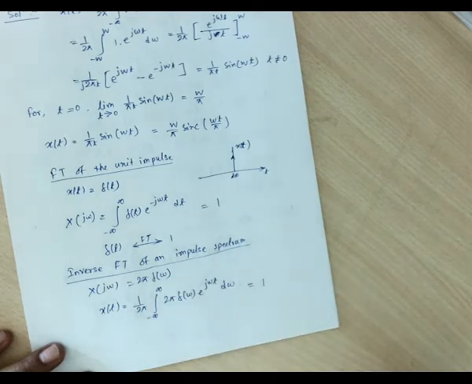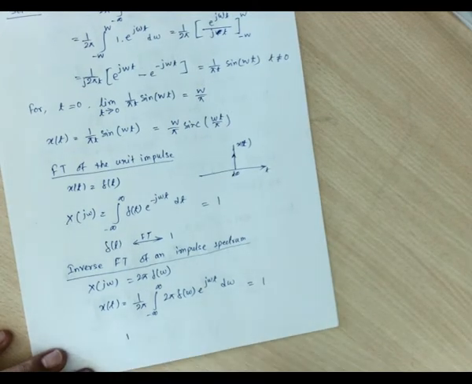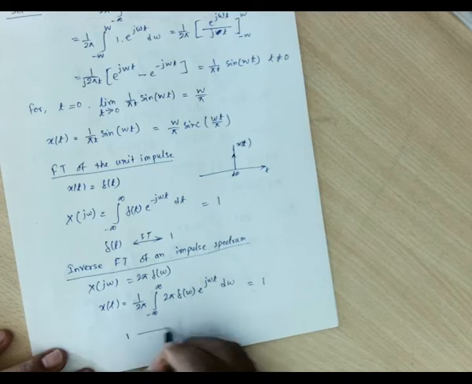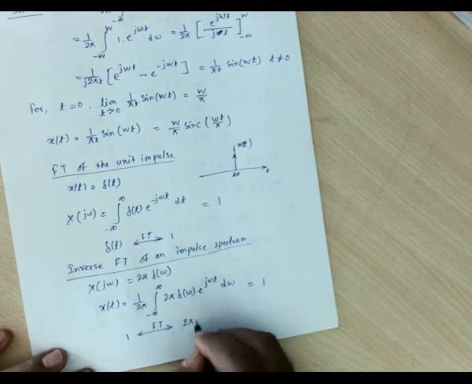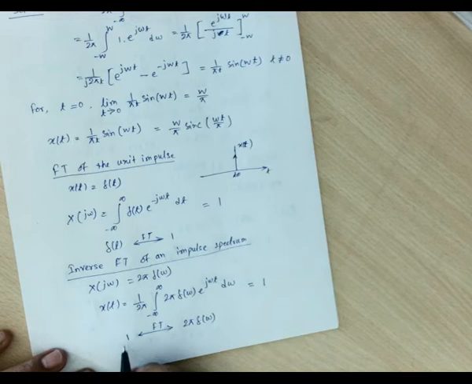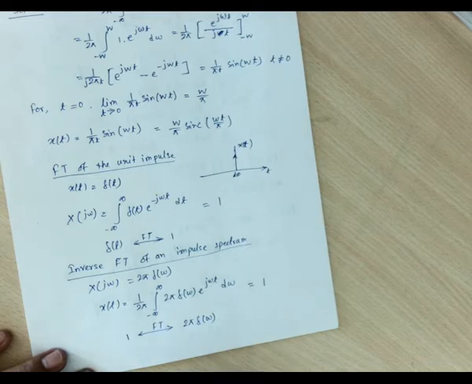This is 1. So what we can say: if a constant signal, that is unity, exists in the time domain, and you take the Fourier transform, then we get the frequency domain signal as 2 pi del of omega, an impulse in the frequency domain.